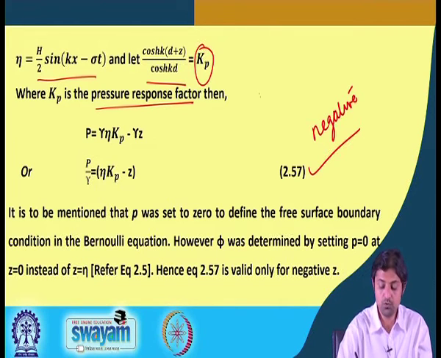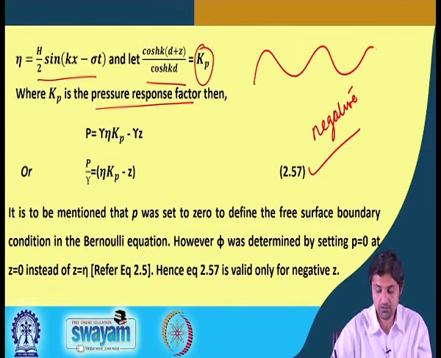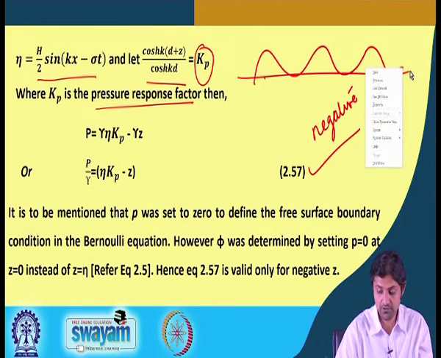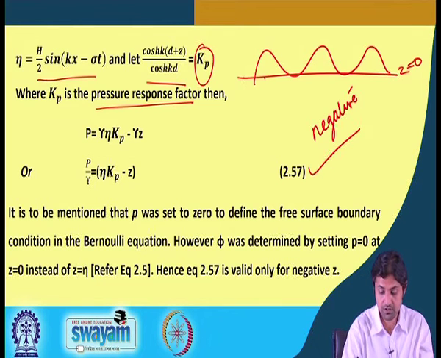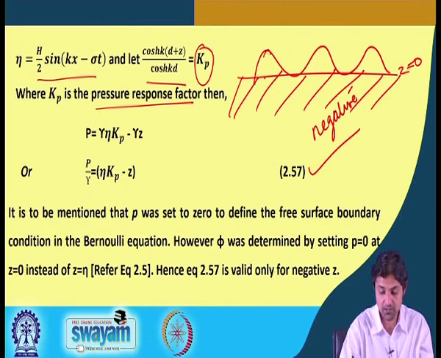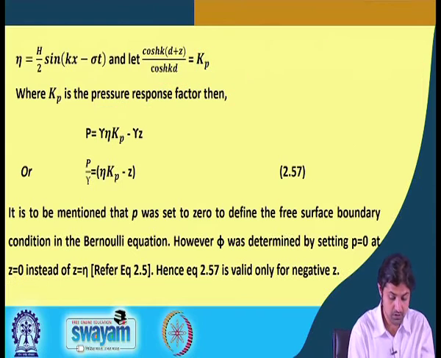Suppose this is the free surface, so this is z equal to 0. The above equation is valid only in the region below. We cannot apply the pressure in the domain above, because we derived phi with certain approximations and assumptions.